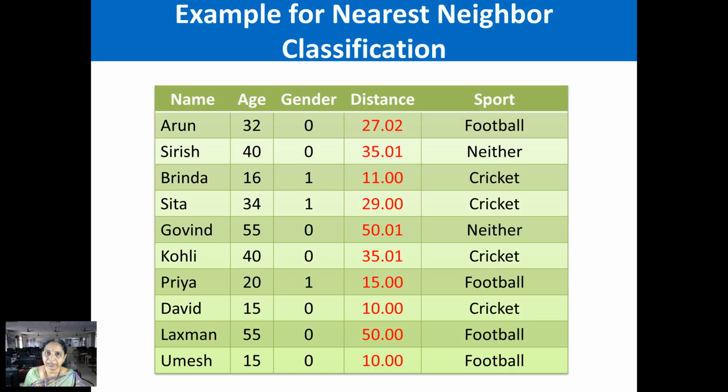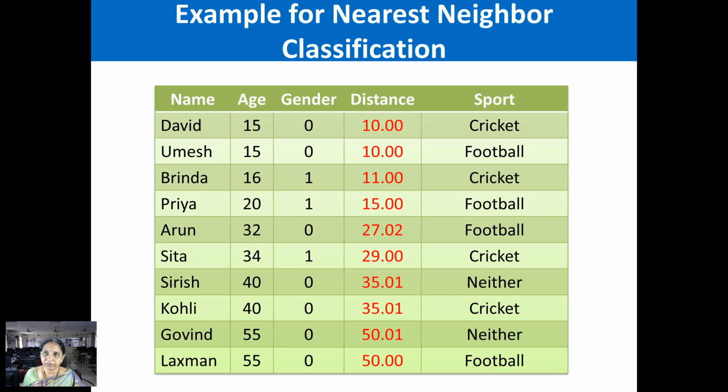Likewise, I need to calculate the distance between the test instance Baswini and all the other 10 instances in the data set. These are the different distance values. After calculating the distance, I need to arrange them in ascending order. So we have arranged all the records in ascending order with the different distances we have calculated.